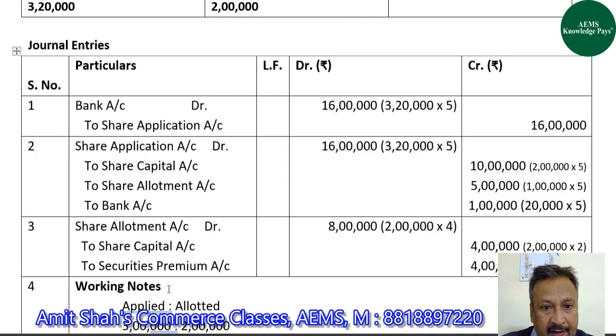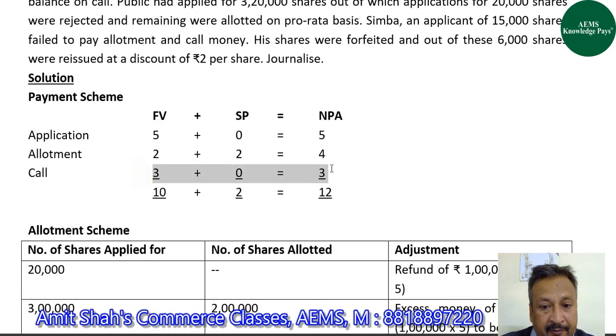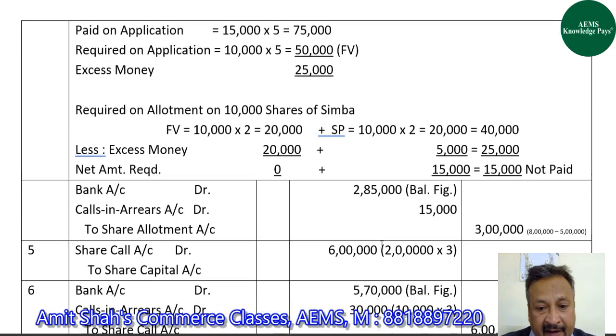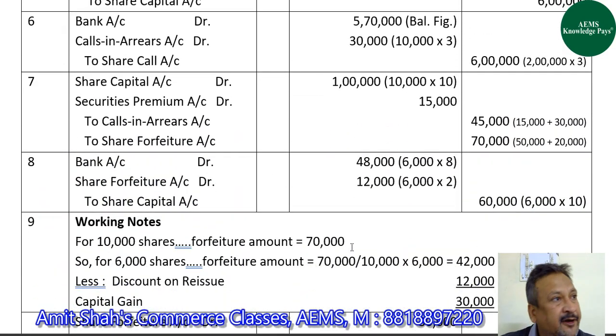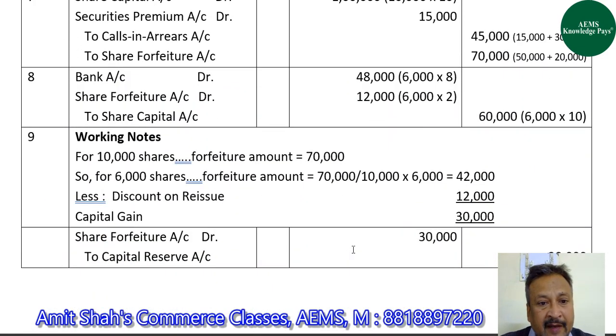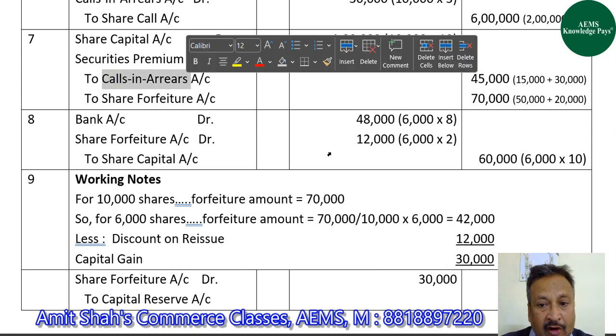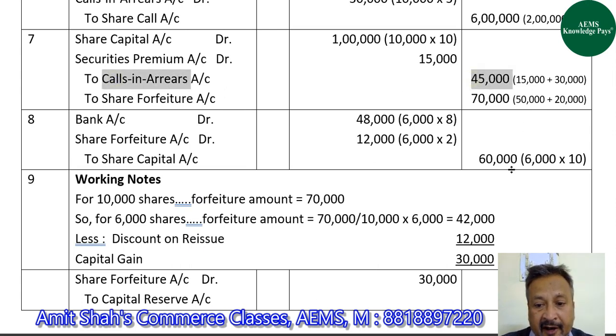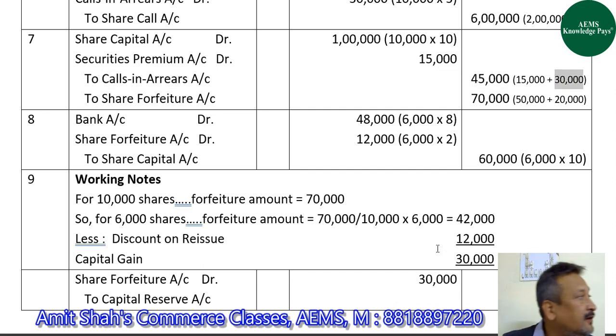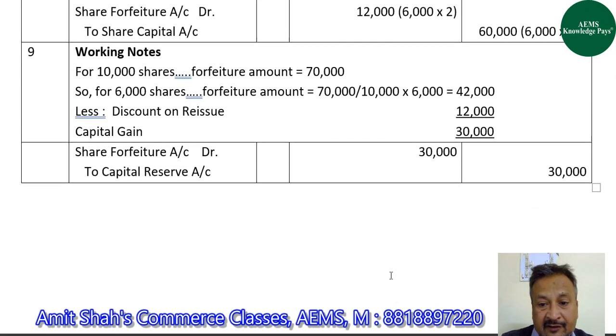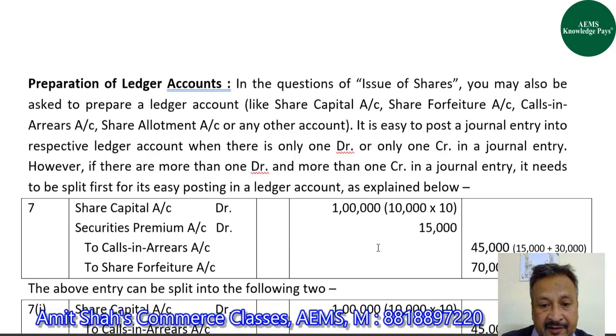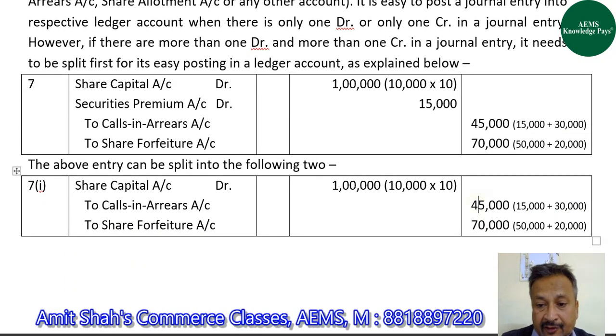Because in the call there was no premium. And these two amounts, 15 plus 30, that is what we debited to calls account. So at the time of forfeiture, we credited calls account with 45. It means in this 45, we have only 30,000 of face value, and that is what we will take here. So here I'm taking only face value of 30,000.